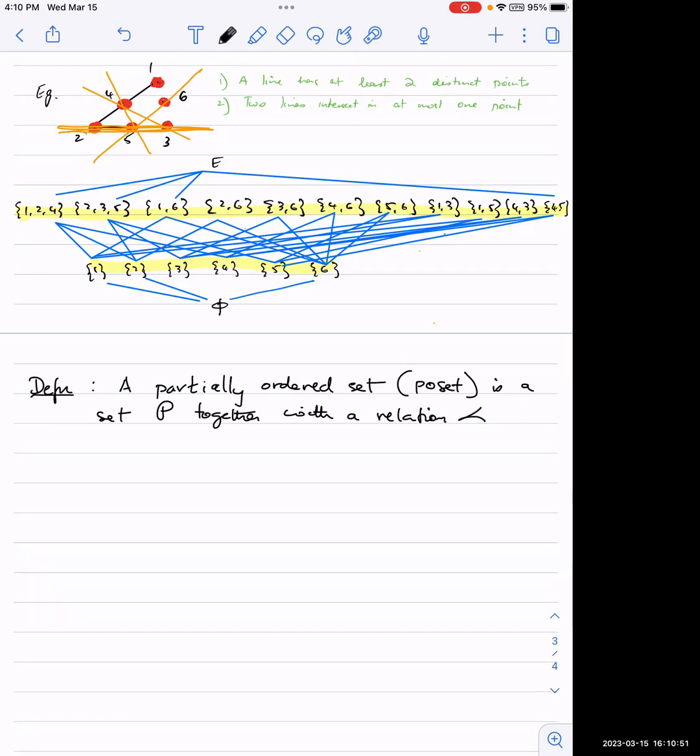For a partially ordered set, it's like a stylized less than or equal to, which is the original partial order, that satisfies 3 properties.